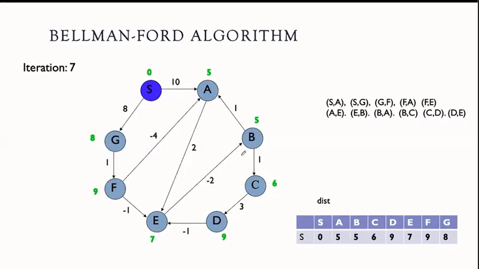No other cycles are there. Here it is: A to E, E to B, and B to A. Here also a cycle is there, but if a cycle is present in the graph, it will not create any problem in the case of the Bellman-Ford algorithm. And again, we can also consider negative weights.